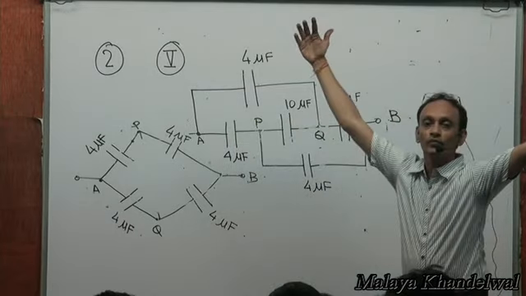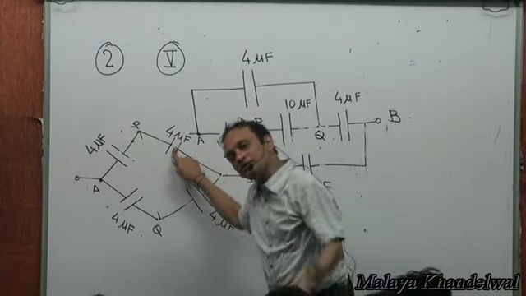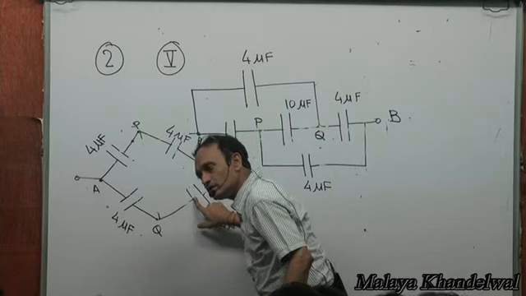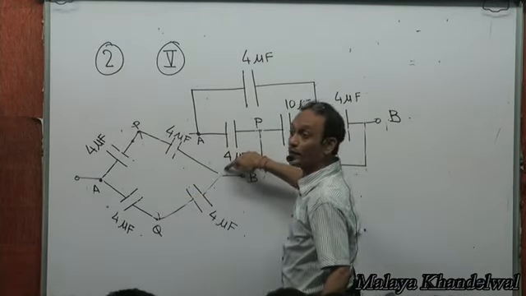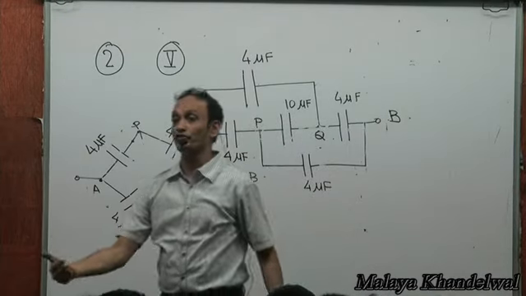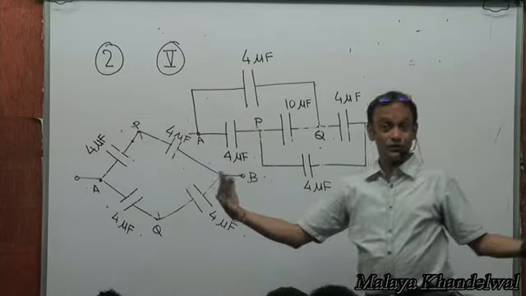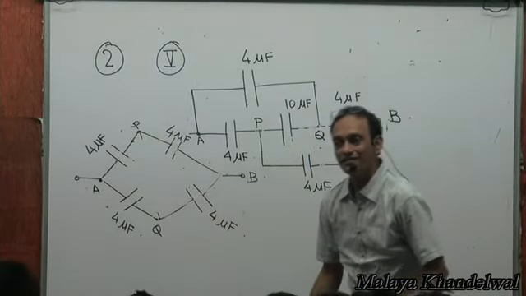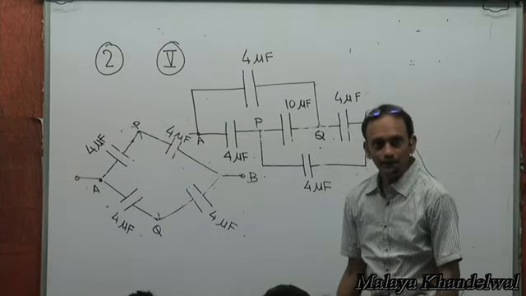So what's the equivalent capacitance between A and B? 4 microfarad. Do you realize that the balanced Wheatstone bridge came in so handy? Is that okay or not okay?